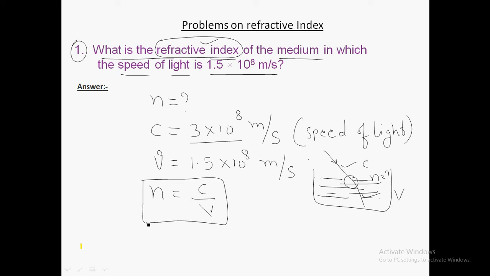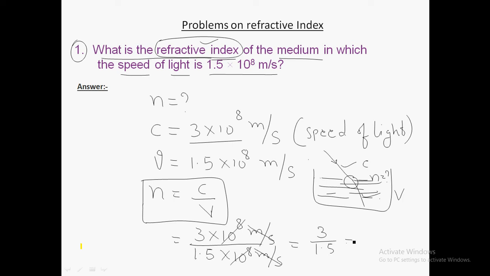Now we are going to substitute. c is 3 times 10 power 8 meters per second, divided by 1.5 times 10 power 8 meters per second. Meters per second cancels, 10 power 8 cancels, and remains 3 divided by 1.5.